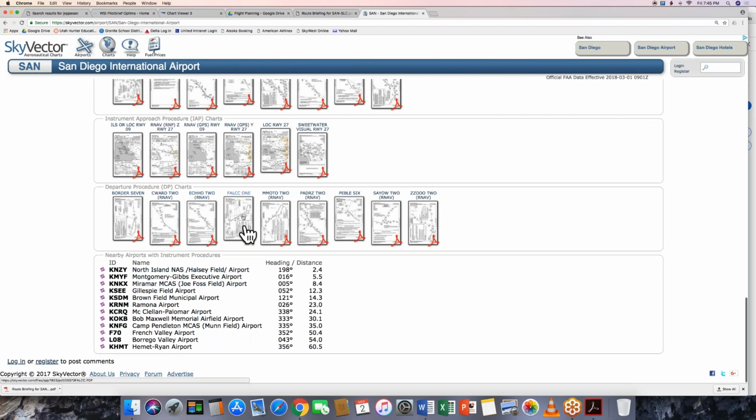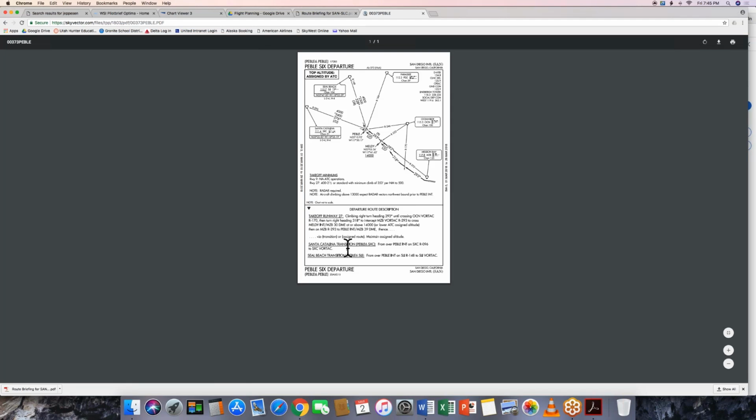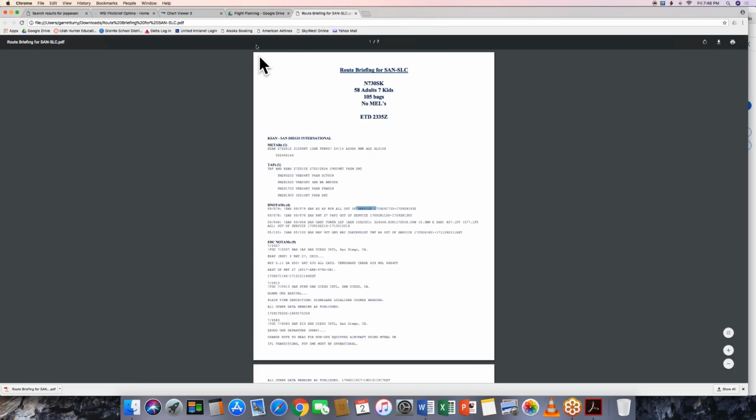So we're going to find the SID that kind of points us up to the north, since Salt Lake City is northeast of San Diego. So Garrett, while you're searching there, you knew that the rest were ground-based simply because they weren't listed as RNAV? Yeah, exactly. Oh my gosh, I did it again.